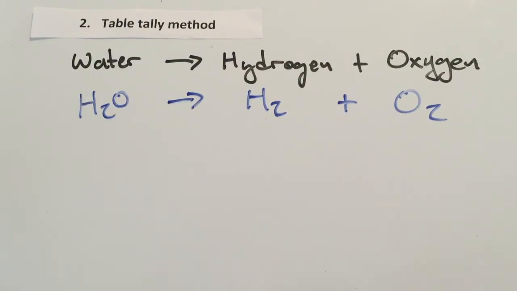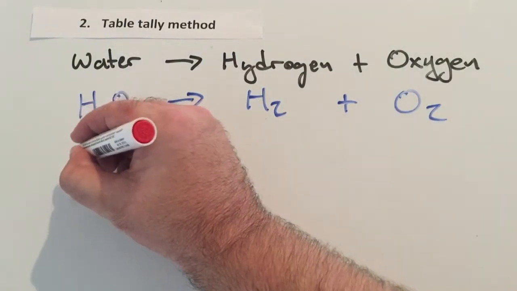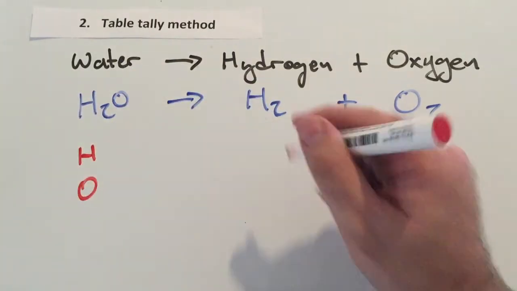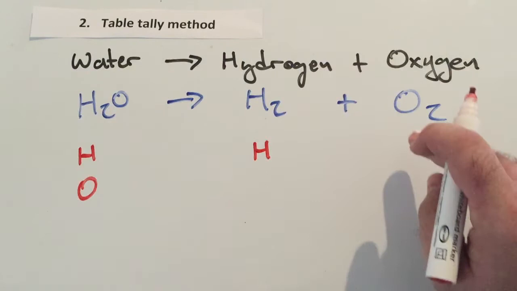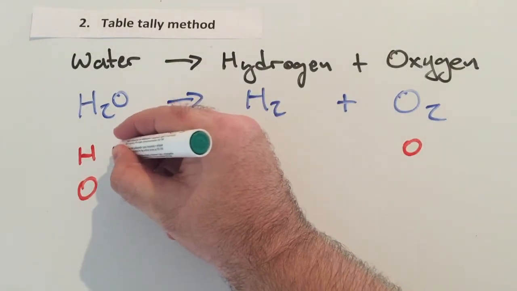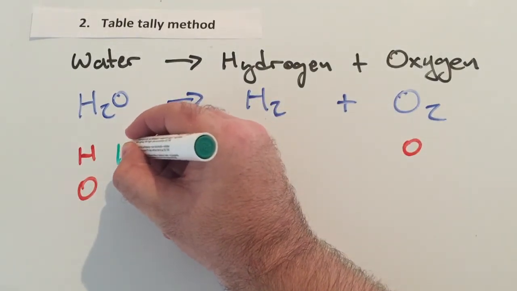So, starting with this tally method, you write down the atoms that are present. Hydrogen, oxygen. Hydrogen, oxygen. And then what you do is you tally them. So you use a simple tally, just like sticks.